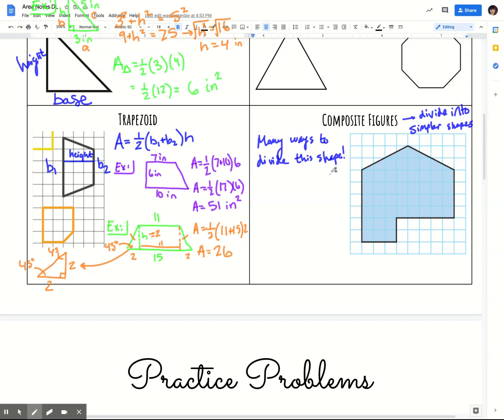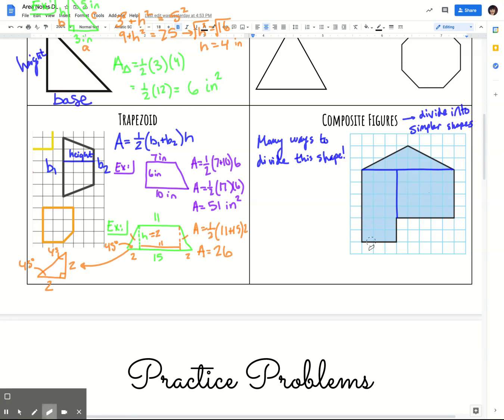So for example, I could divide this into this guy hanging out down here, and then I could divide it down the middle so that you have a rectangle and two trapezoids. That could work. I could divide this into a triangle at the top and then two rectangles here and here.